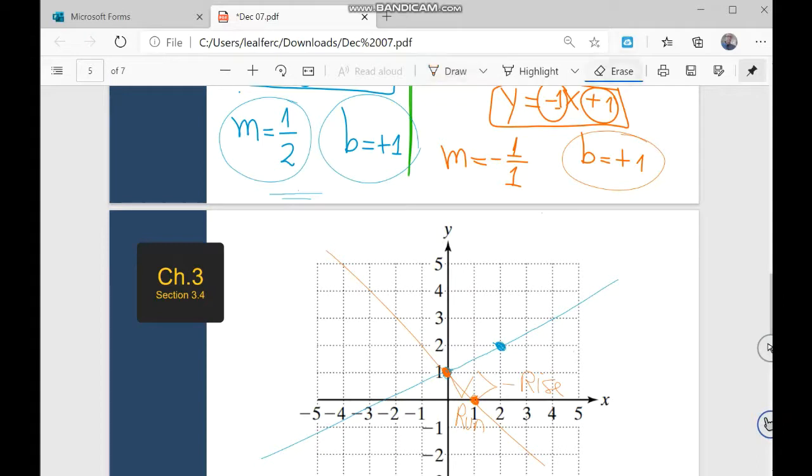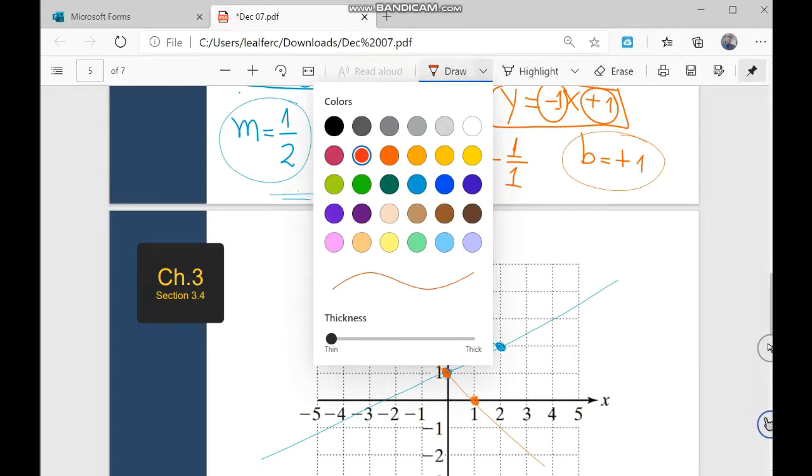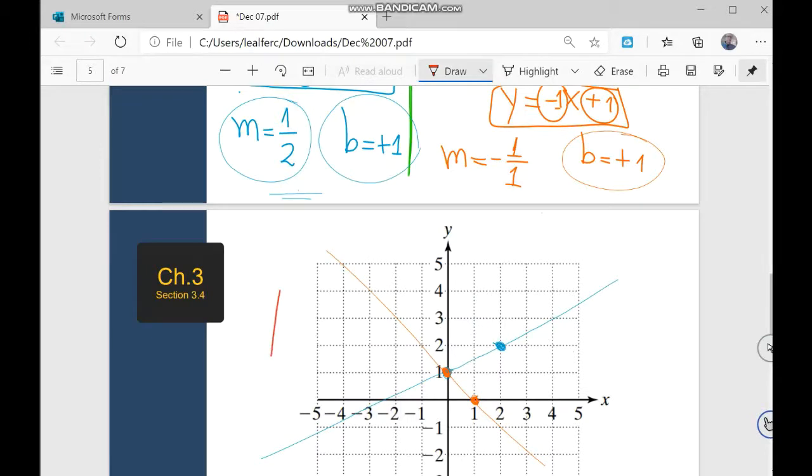The last step is to shade the areas. Let's shade the area for inequality number 1. Let's check again inequality number 1.